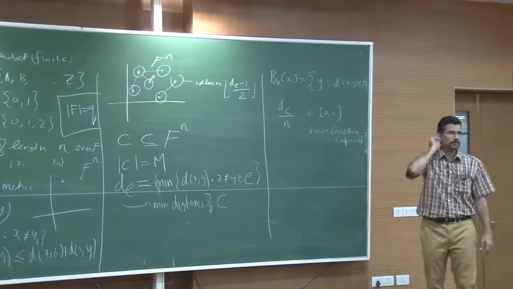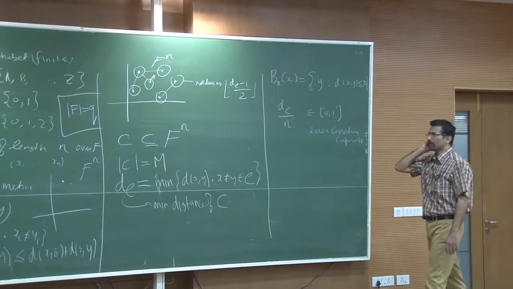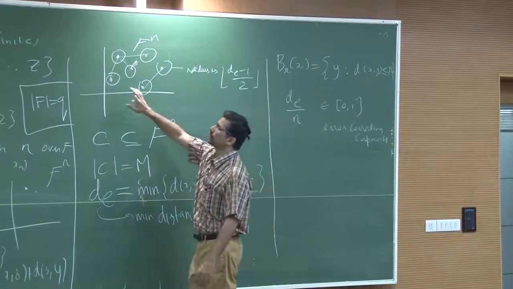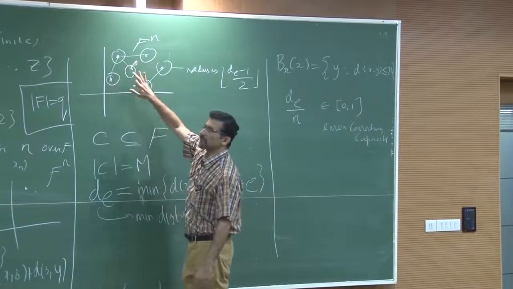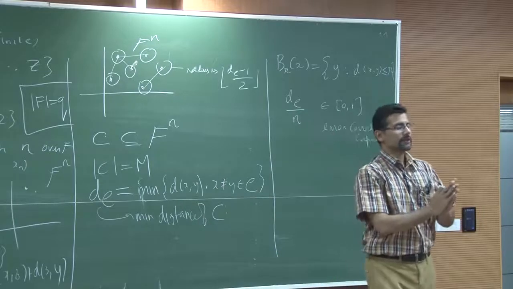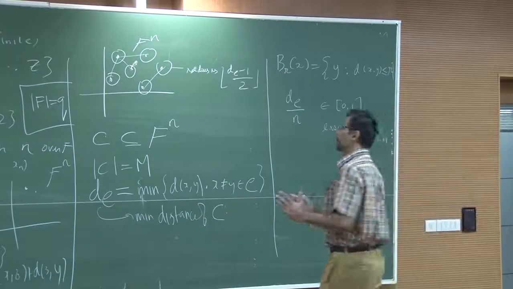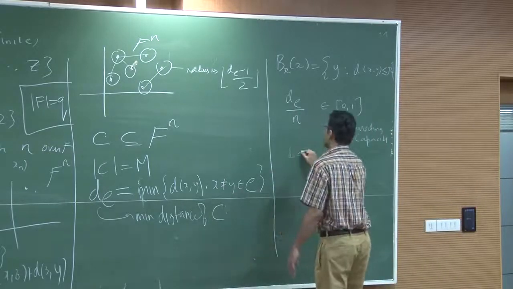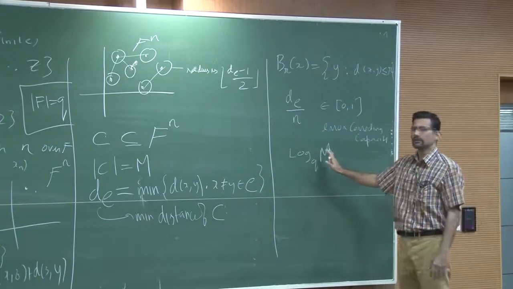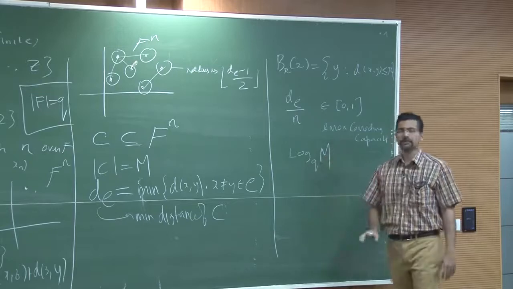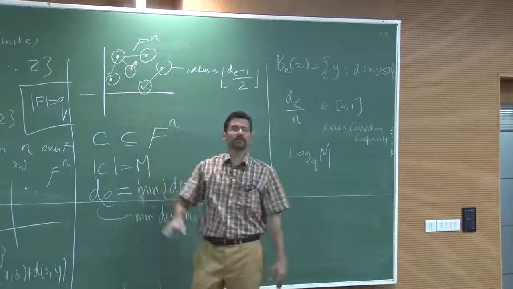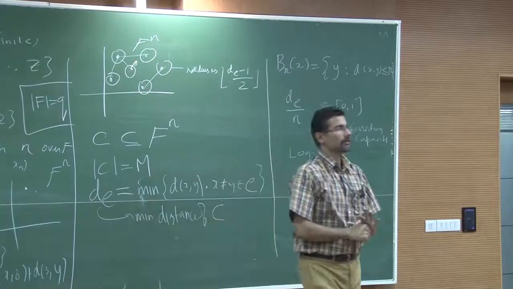But what is the cost you pay? For example, you want to transmit M words and you are using words of length n. Log of M to the base q is roughly the number of bits of information that you actually want to transmit.